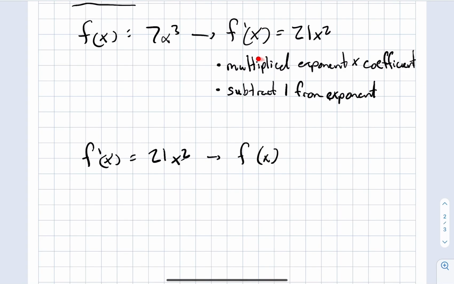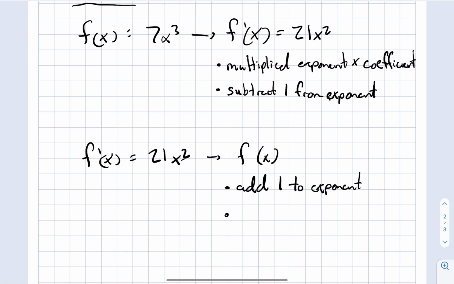First we multiplied, so that means that we're going to have to do division to undo that. And then we subtracted, so we're going to have to do some addition to undo the subtraction. But the order, we're going to do this part first. We're going to undo the subtraction part first. So instead of subtracting 1 from the exponent, we will add 1 to the exponent.